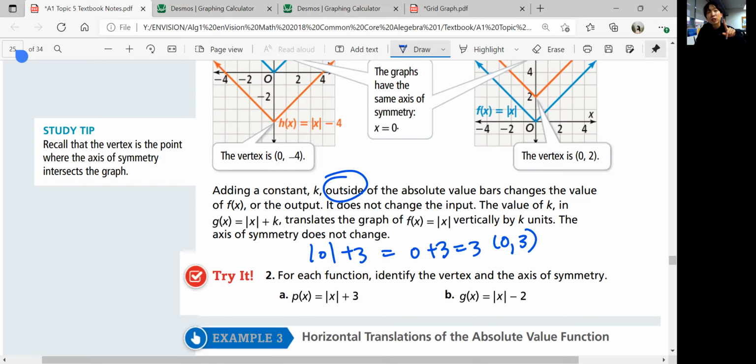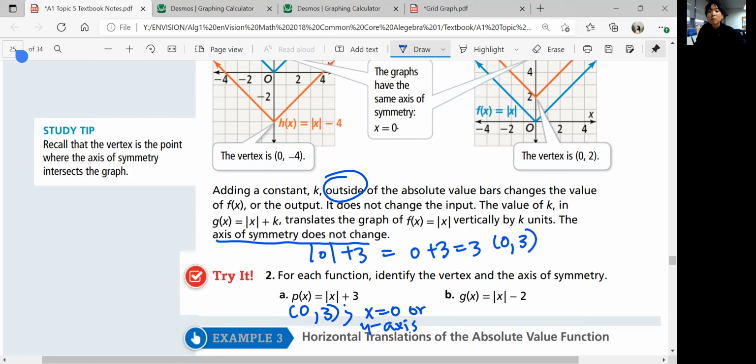If you want to double check, you can check negative numbers and positive numbers to see if the slopes change. They will. But yes, your vertex here is (0, 3). And where's your axis of symmetry? It's a vertical translation, so your axis of symmetry does not change. It's going to be x equals 0, or the y-axis.